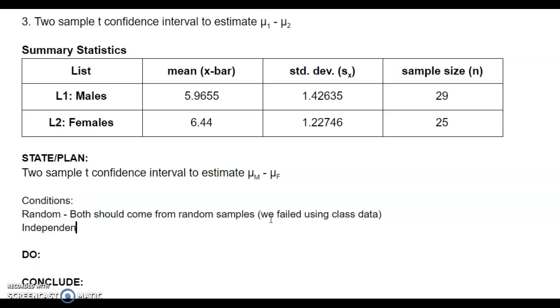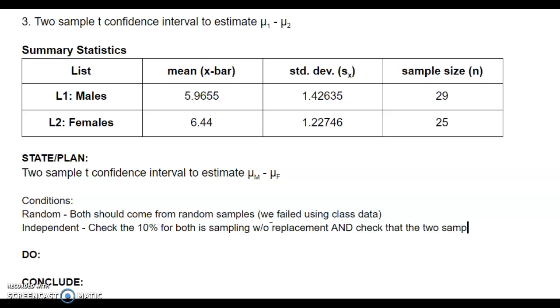Independence for 2 samples, and this was something we didn't do the best job of with our proportions in those procedures, but independent, we need to check the 10% for both if sampling without replacement, and check that the 2 samples are reasonably independent from each other.